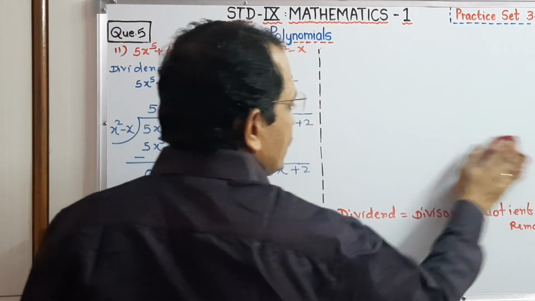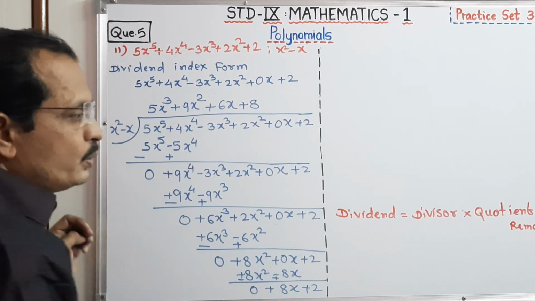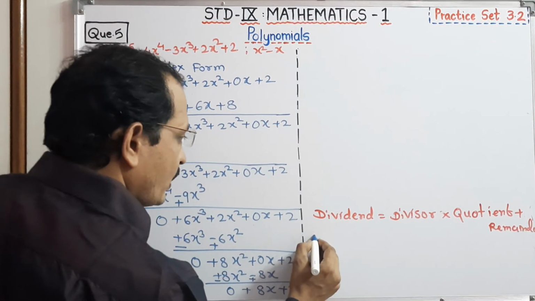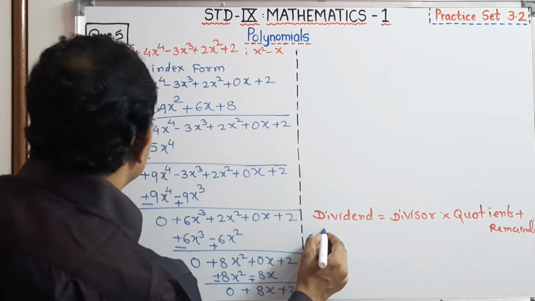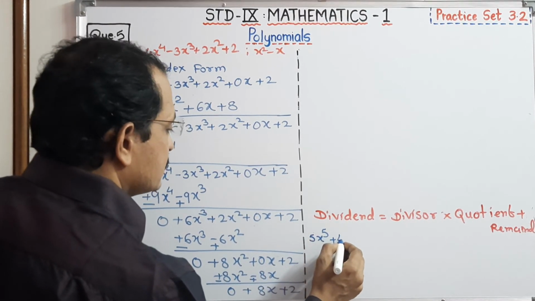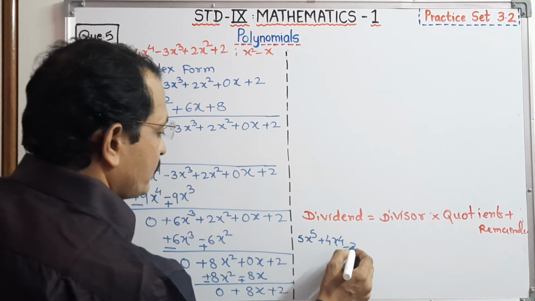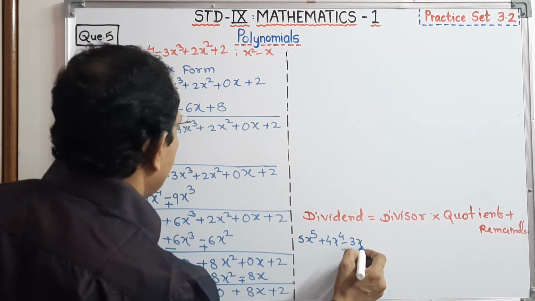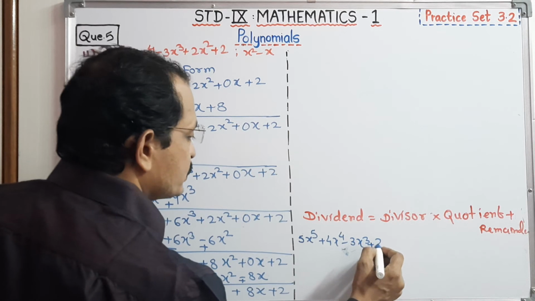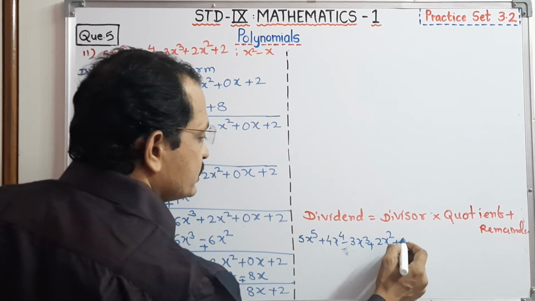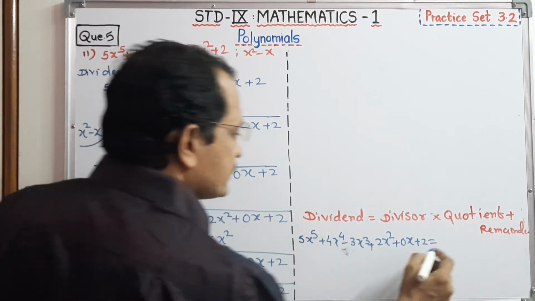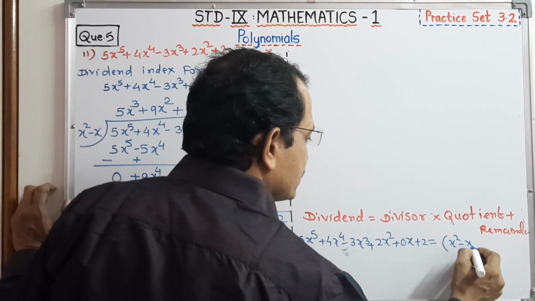We have to write the final answer in the form of dividend equals divisor into quotient plus remainder. Dividend is 5x raised to 5 plus 4x raised to 4 minus 3x cube plus 2x square plus 0x plus 2 is equal to, divisor is x square minus x.